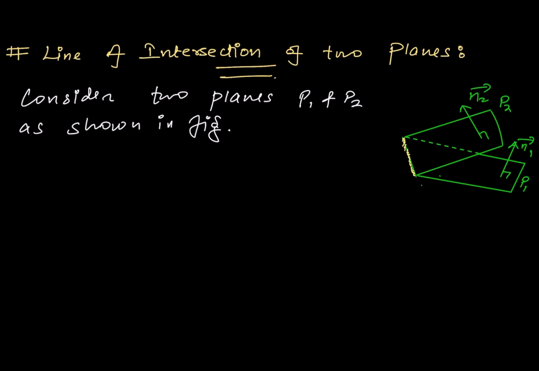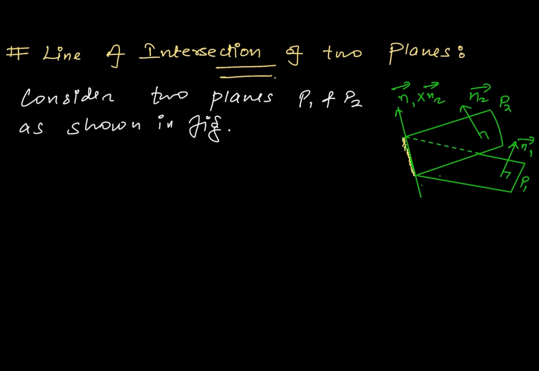So this line will be along the vector n1 cross n2, right? As we know, the line is lying on both planes, and n1 vector and n2 vector are perpendicular to n1 cross n2. So the line will lie along n1 cross n2.